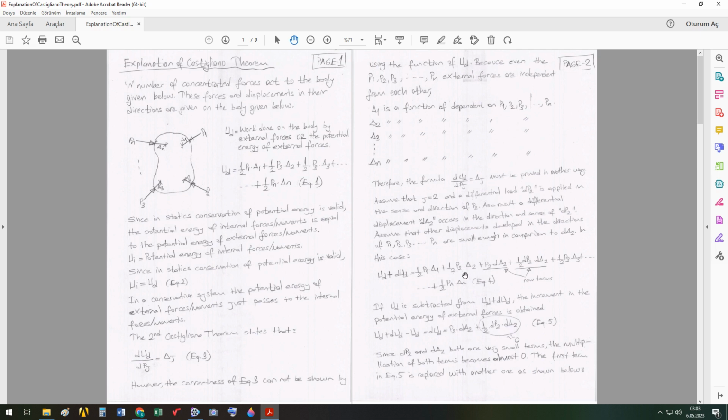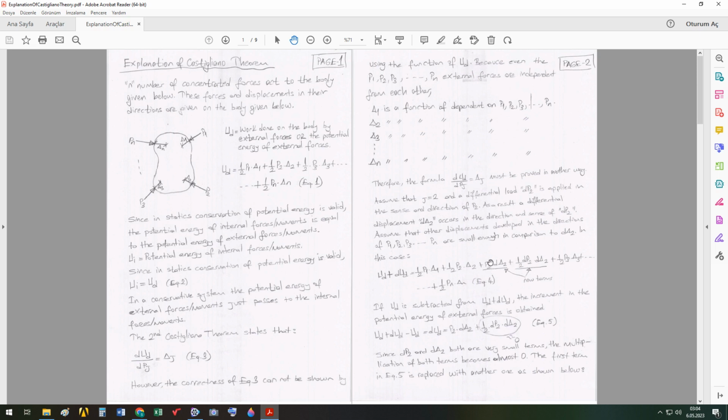There is an increment. This force is a static applied increment, and this increment occurs also in the body in the direction of this load. So this new term comes.